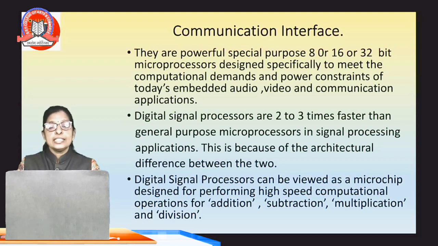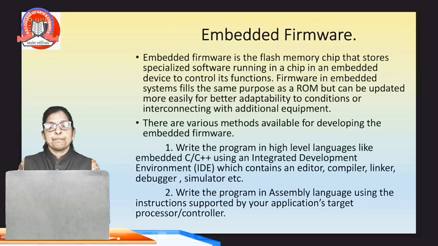Digital signal processors can be viewed as a microchip designed for performing high speed computational operations for addition, subtraction, multiplication and division. These are the interface for the communication we are using.